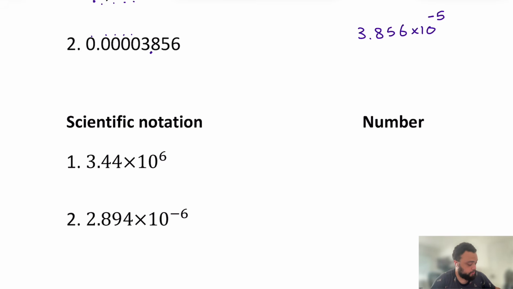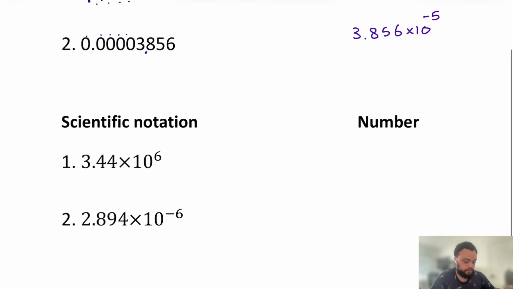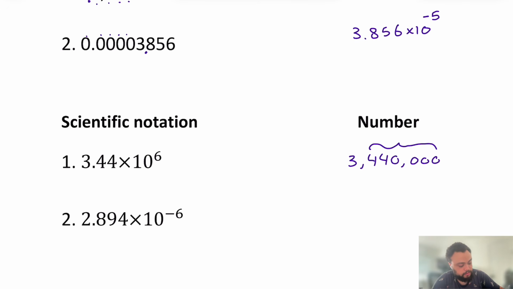Scientific notation to the number, we're going to do the exact same thing. And we actually did do these ones already, I believe. So we do know this is going to be 3,440,000, with 6 digits to the right.